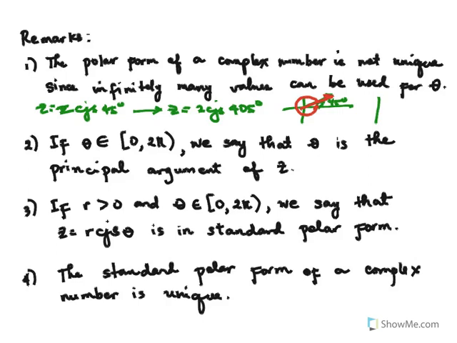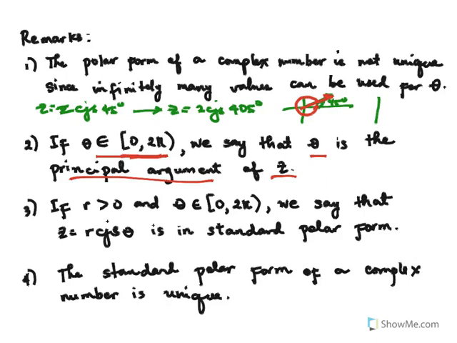Kaya, what we do is we just choose our argument or our theta from 0 to 2 pi. So, hindi na natin siya iniikot ng isang buong ikot kasi infinitely many yun. So, para meron lang tayong isang unique na sagot for the argument, we choose only from 0 to 2 pi yung ating theta. So, if that's so, then we say that theta is the principal argument of z if the measurement of theta is only from 0 to 2 pi.